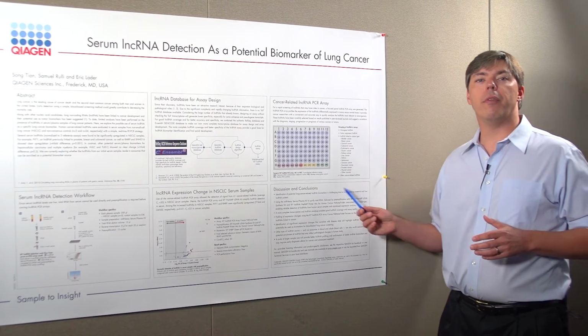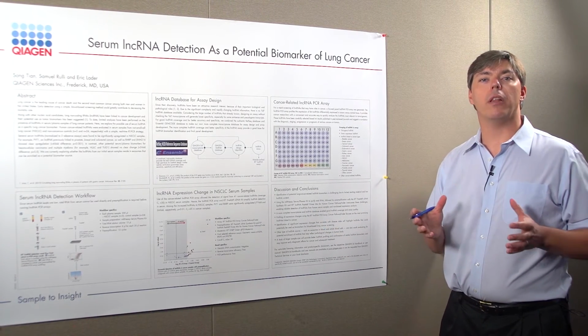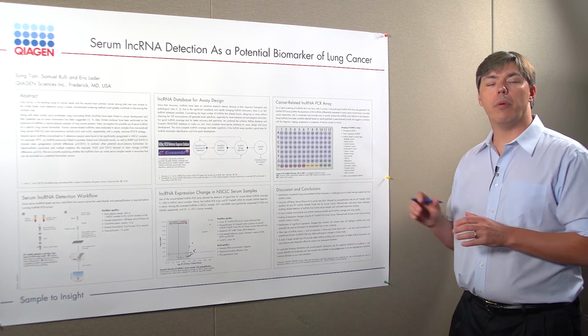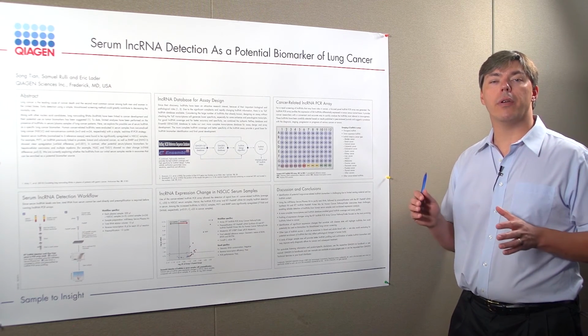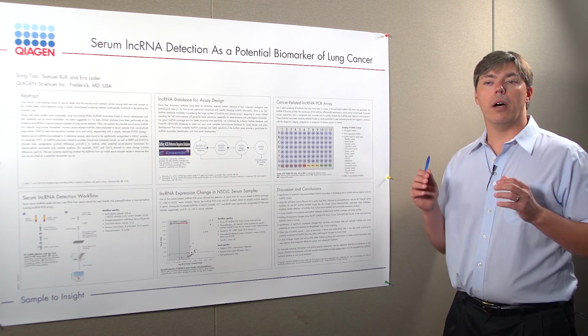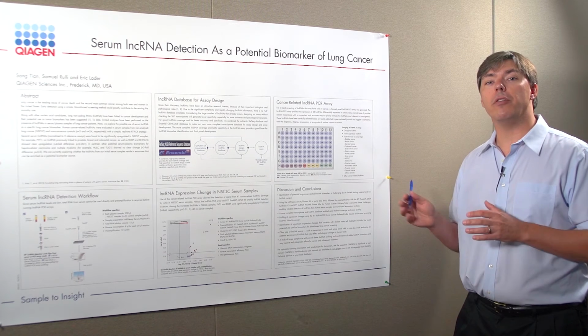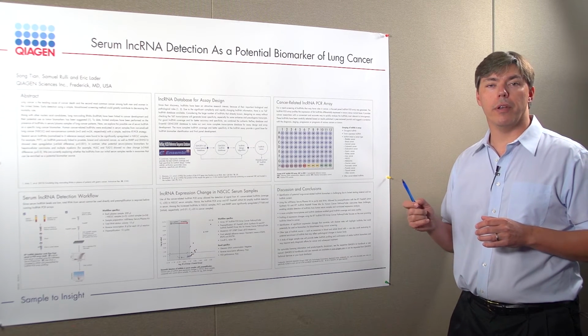So in conclusion, we've developed specific long non-coding RNA qPCR assays. In this study, we detected long non-coding RNAs in the serum from 3 non-small cell lung cancer patients and compared this back to 24 normal individuals.